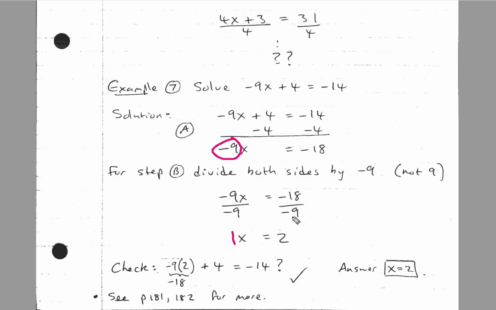So negative 9, yeah, that's what we want to divide both sides by. It's whatever number's multiplying the x. If you divided both sides by positive 9 instead of negative 9, you'd get negative 1x equals negative 2. That is equivalent, but it's harder to see that x should be 2.